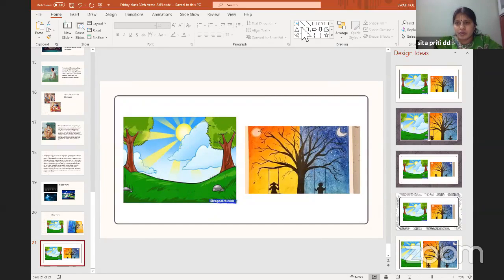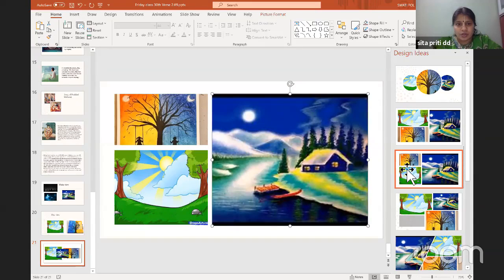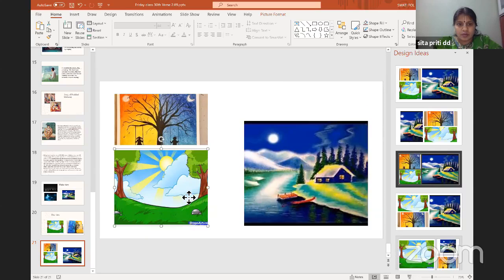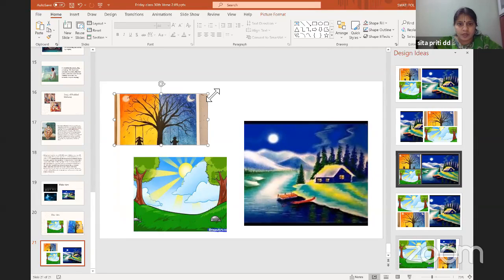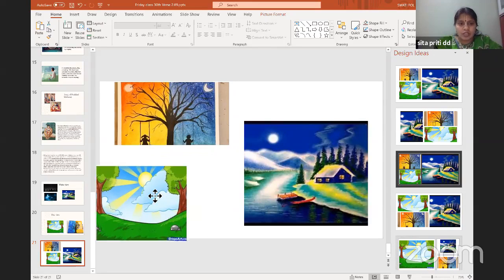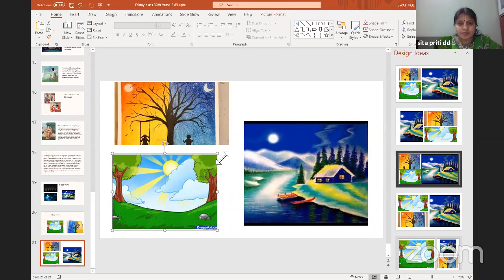It looks like it will be hard, but let's see if we can. If it is not possible, we will just delete that picture. That makes it easier. Is this okay? So all the three pictures are there. Whichever you want, you can draw.